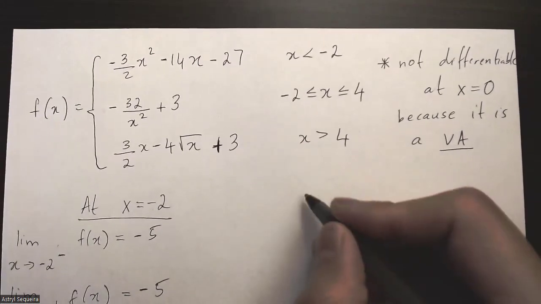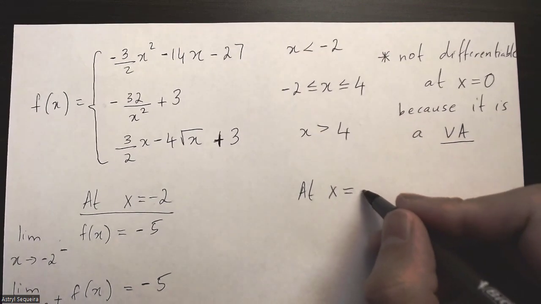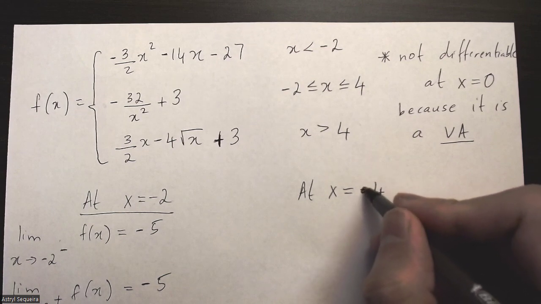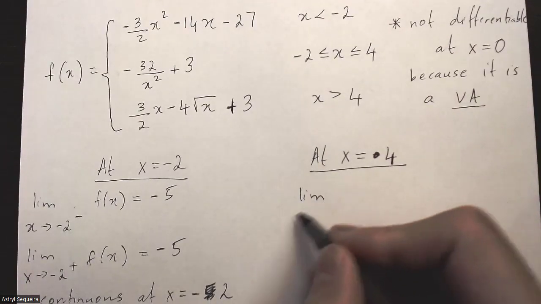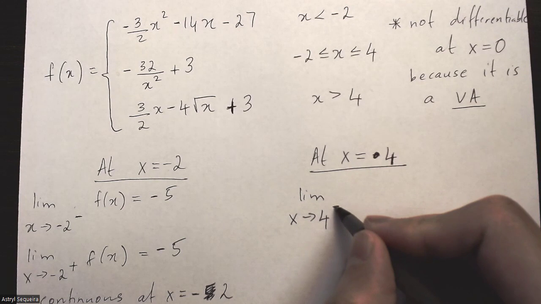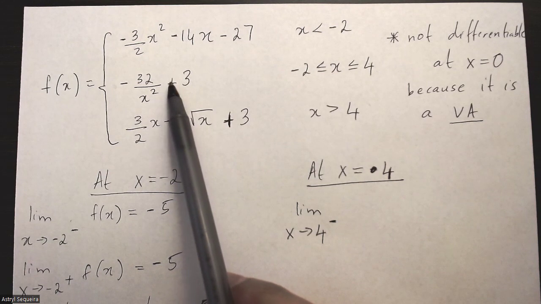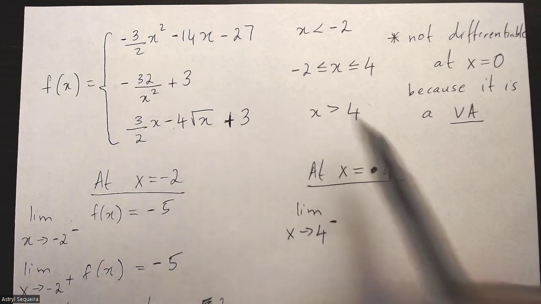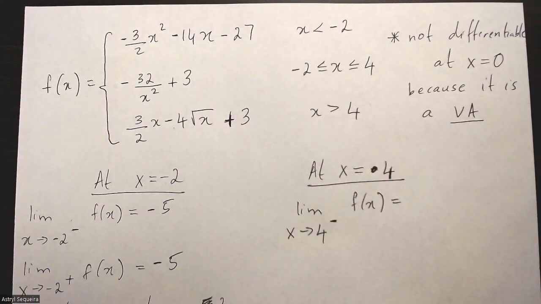But before we do that, let's test at x equals, oh no, not -4, +4. So let's do the limit as x approaches +4 from the negative side. Remember, for +4, it's these two equations. The negative side is the top equation here. The positive side is the bottom equation here. So I'll start by subbing +4 into the second equation. Again, I'll do that in my calculator.